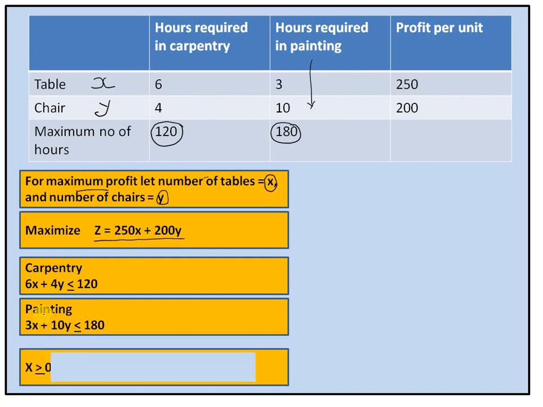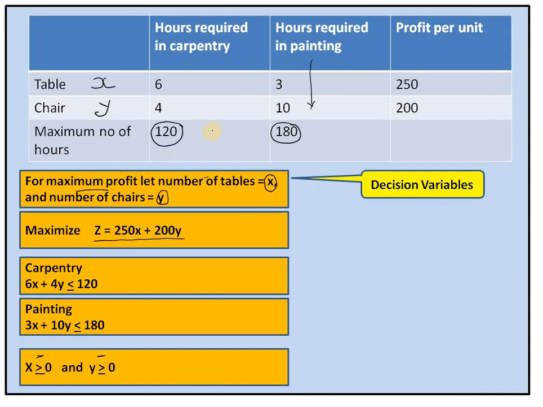And you cannot make negative tables. You cannot make -1 table, -5 tables or -10 chairs. So X should always be greater than or equal to 0, and Y should be greater than or equal to 0. And this we have formulated in the earlier video also. So X and Y are known as decision variables.